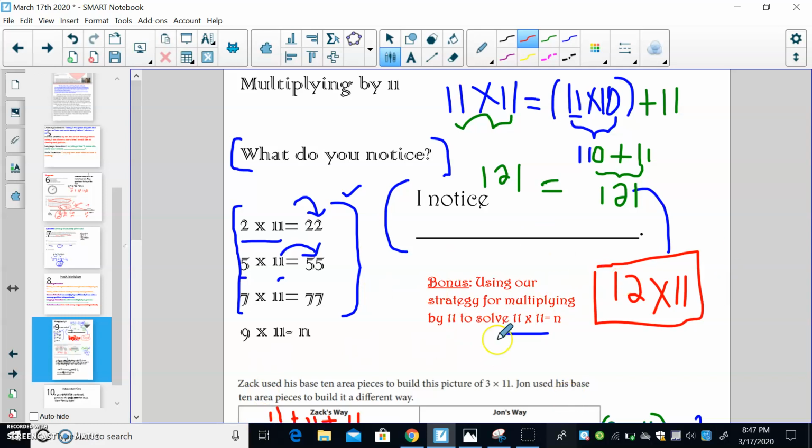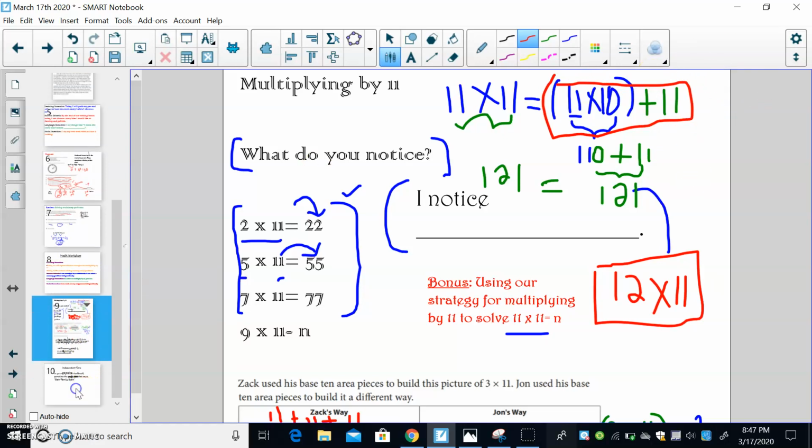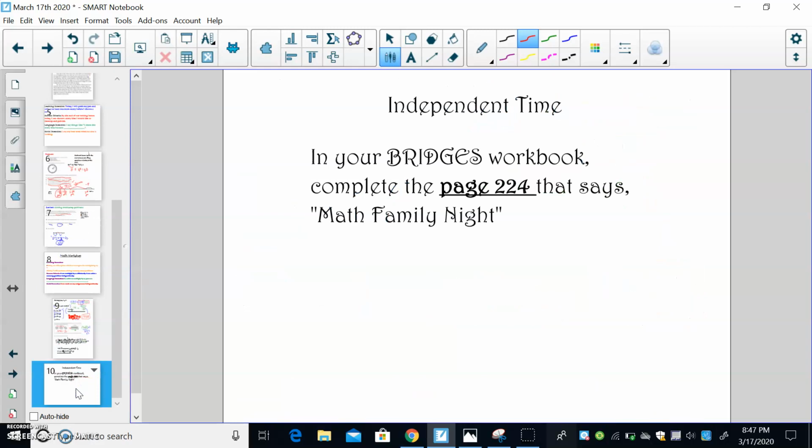And I want to see not only what 12 times 11 is, I want to see it represented as this equation, meaning that you're decomposing it to multiply. And then lastly, so you can get some independent work time, you're going to open up your Bridges workbook and you're going to complete page 224 that says Math Family Night.